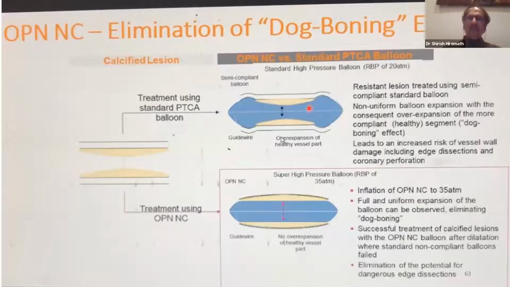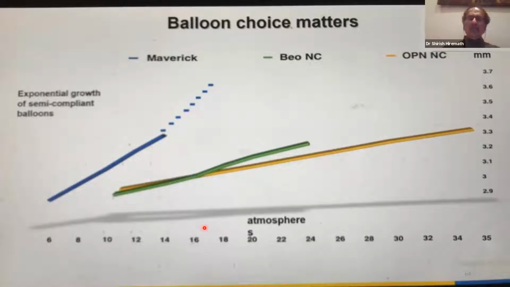A conventional balloon, when you inflate, if the lesion is giving a lot of resistance, the dog boning effect is seen and you see the ends continuing to inflate, while the OPN balloon inflates very uniformly. And this is what happens as you increase the pressure in the balloon.